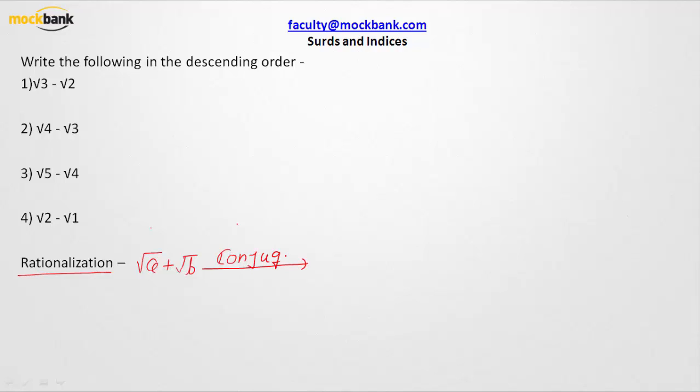The values will remain same, the positive will become negative, and this is its conjugate. And when we are given this value, its conjugate is square root of a plus square root of b. So in fact these two are conjugate of each other.